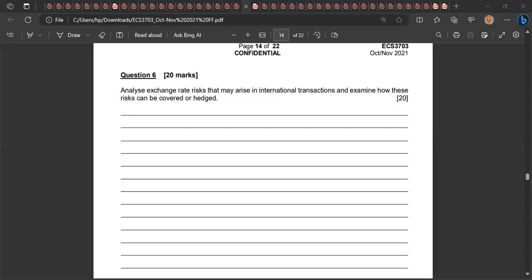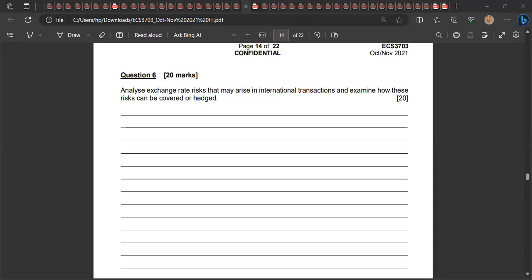You could get into a transaction where you buy or sell something at a certain date. Remember, the transaction date is basically the contract date. If the settlement date is not the same as the transaction date, there is a risk between those dates that the foreign currency might change.